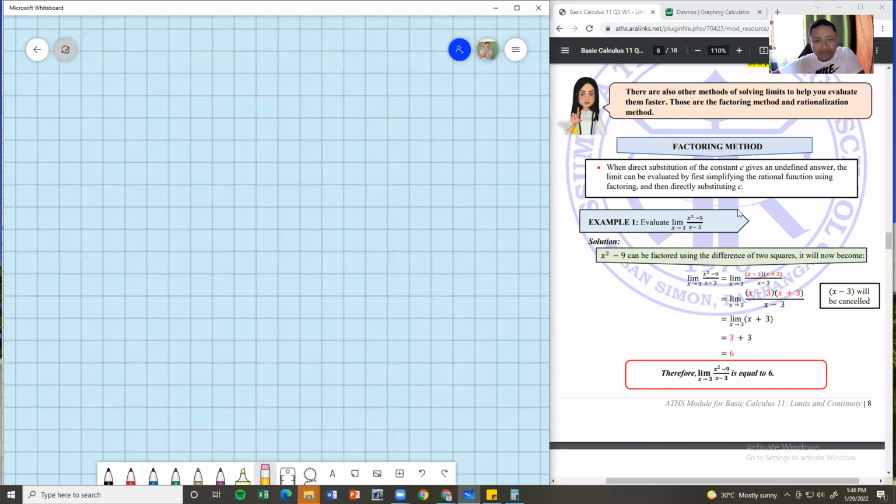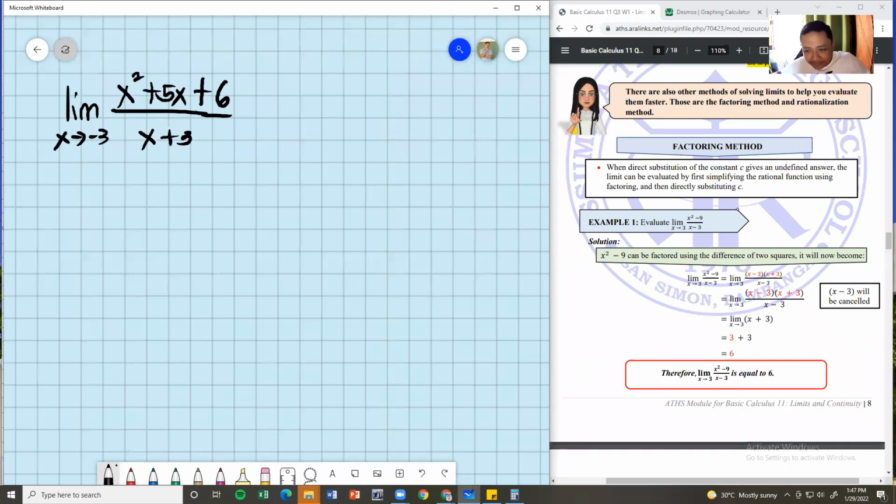So we have the limit of x squared plus 5x plus 6 over x plus 3 as x approaches -3.